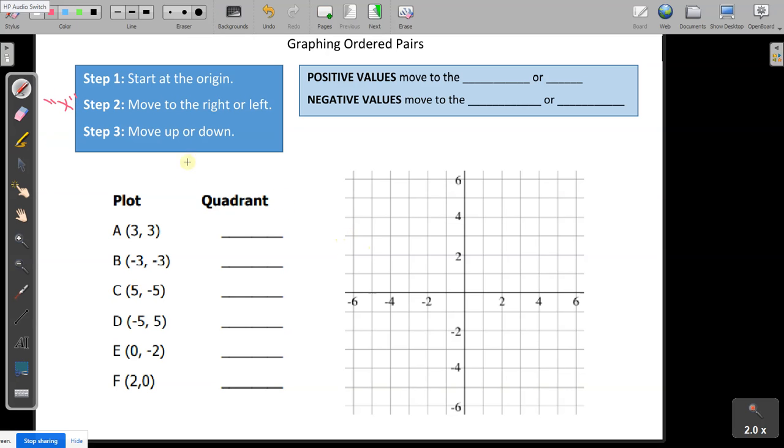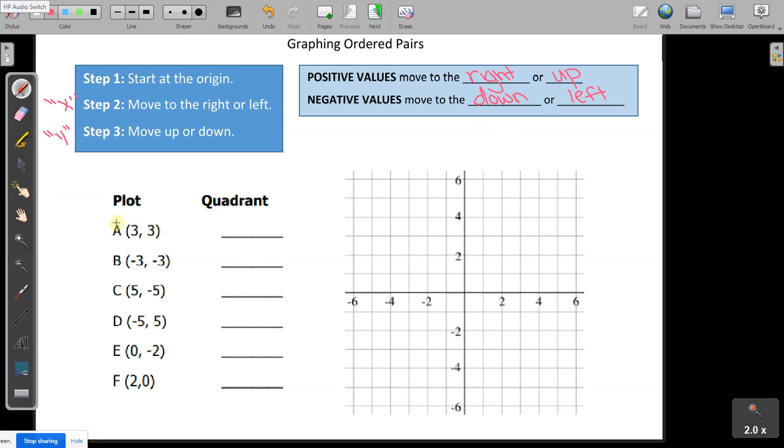And then from that point, we're going to move up or down, and that's going to be our y value. So positive values, we move to the right or we move up. Negative values, we move down or to the left.